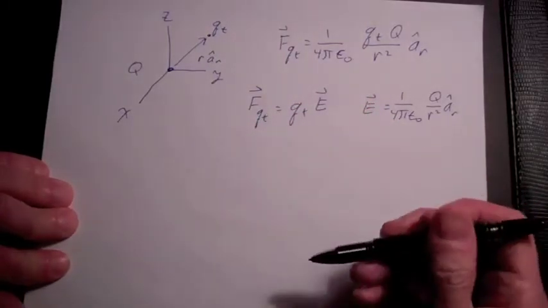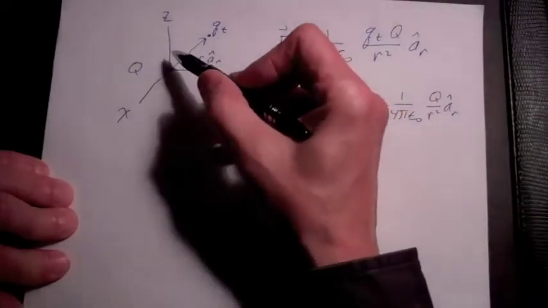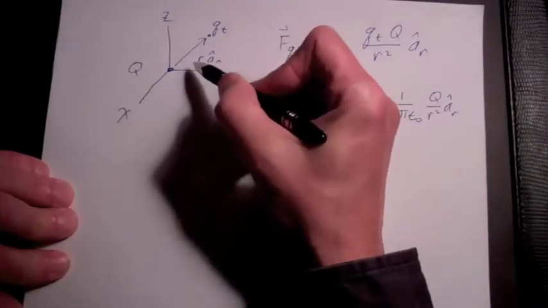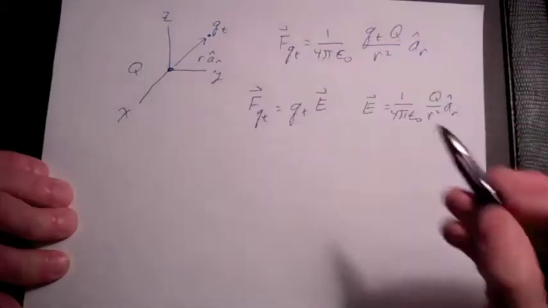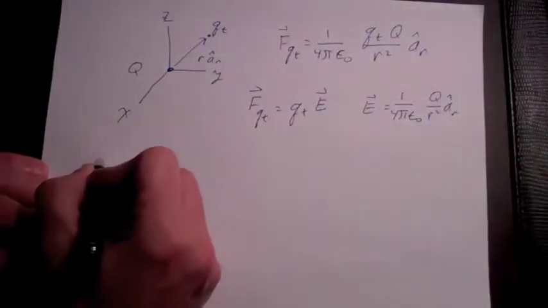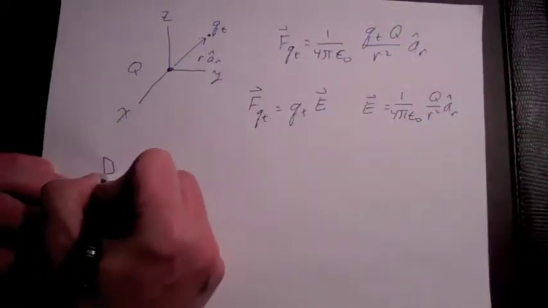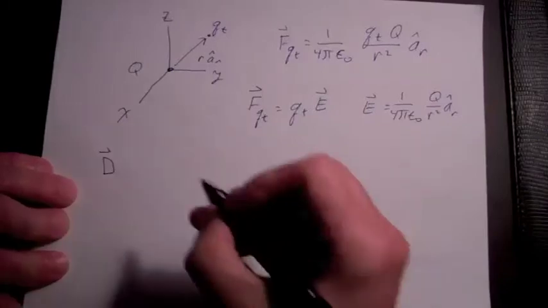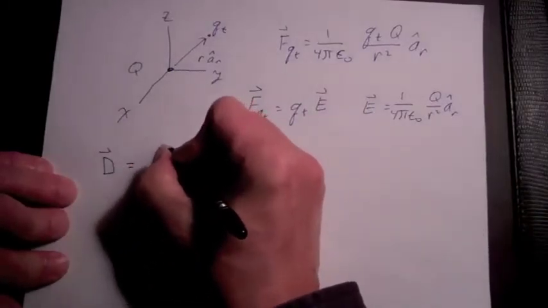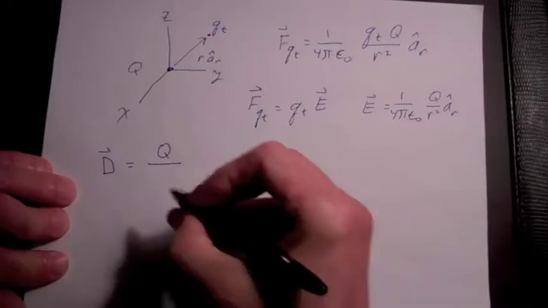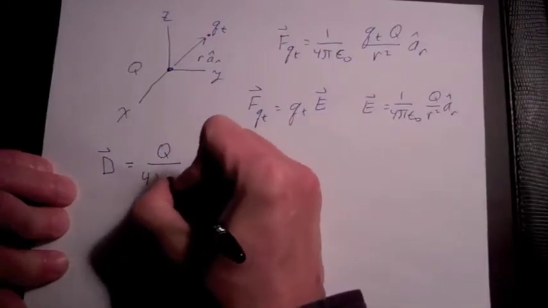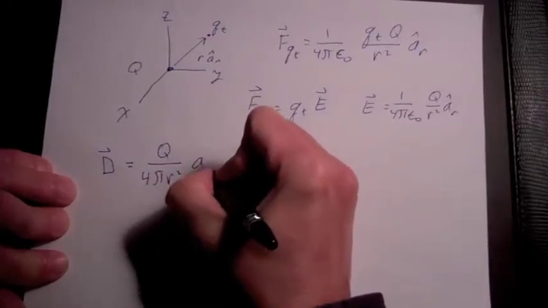And because of the spherical symmetry, that flux will be uniform on the surface of a sphere of radius r. So as the radius increases, the density of that flux, which is defined as the electric flux density field, will just be Q over the area of that sphere, which is 4 pi r squared in the A sub r direction.